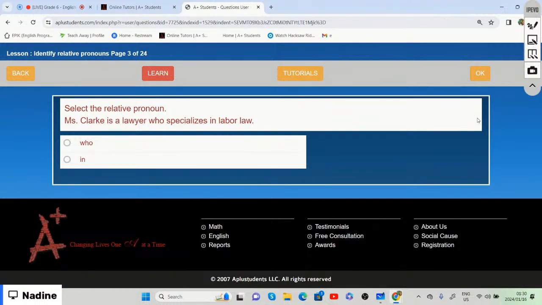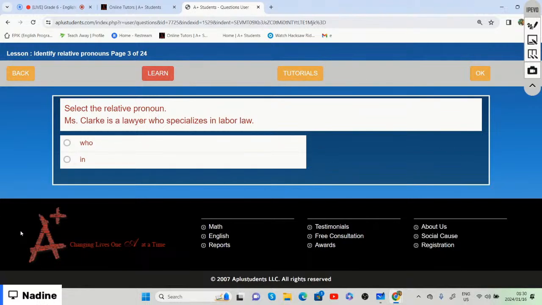We need to select the relative pronoun. Miss Clark is a lawyer who specializes in labor law.